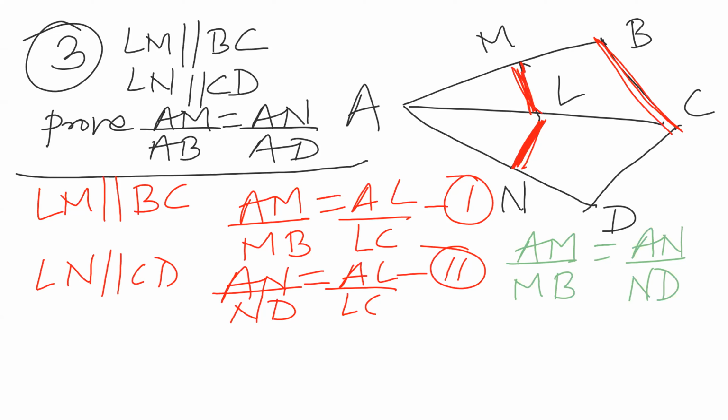Now we'll add 1 to both the sides. If I'm doing componendo here, meaning adding 1 to both the sides, then it will become AM by MB plus 1 equal to AN by ND plus 1, right?